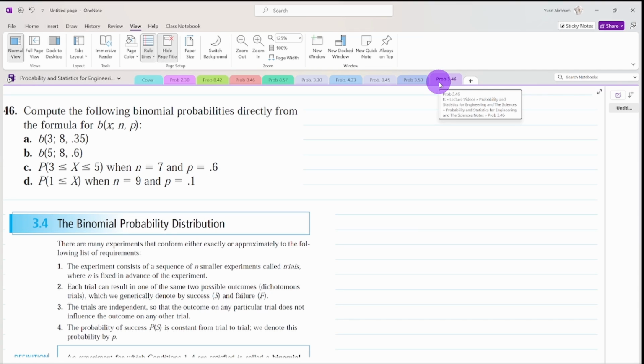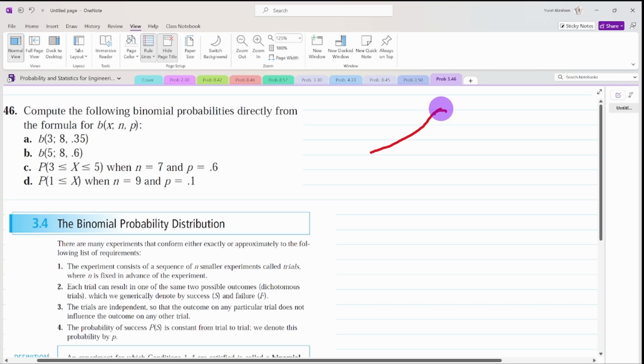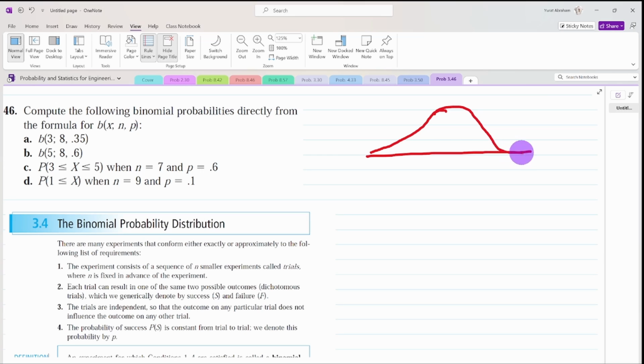Okay? Cool. One thing to be aware of about binomial distribution: it is similar to a normal distribution. If you know about normal distribution, it is shaped like a bell curve, like this. However, a binomial distribution involves bins, and it keeps going on and on.